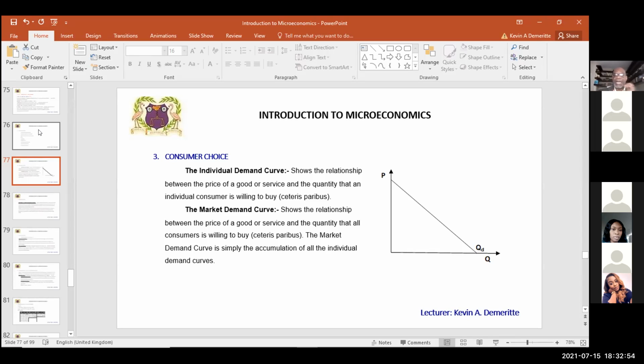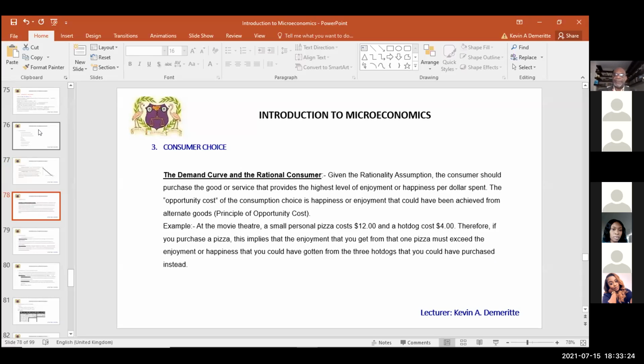So we're no longer talking about the individual demand curve of this particular customer for my steak, and now looking at the demand of all of my customers for steak in my store. The market demand curve is simply that we add up all those individual demand curves, we put them together, and that gives us our market demand curve. And that's pretty much it. It's not more complicated than that.